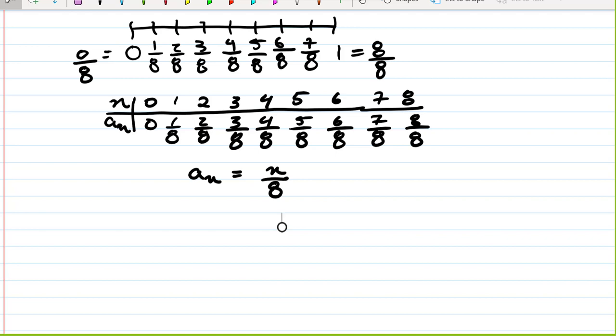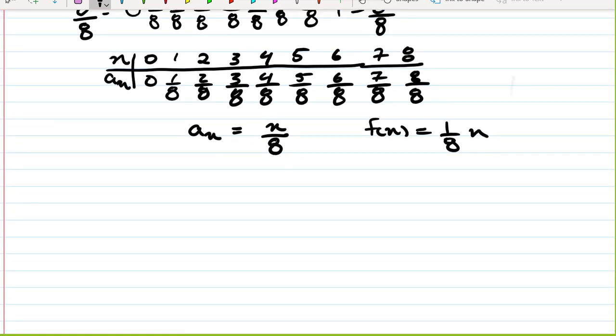The other thing we could note is that this is really just a linear function. If you find its slope, the slope is 1/8, so f of n equals 1/8 times n, and either way is a valid way to think of that representation.